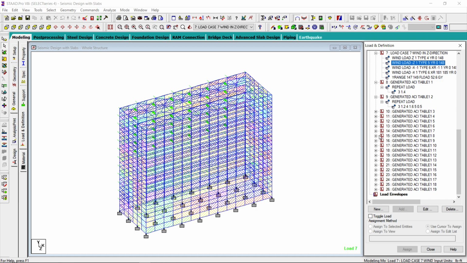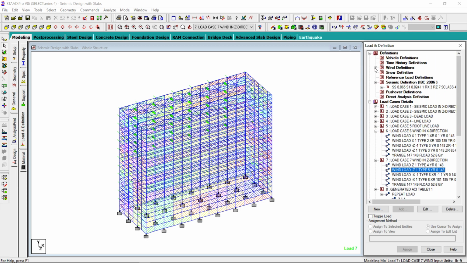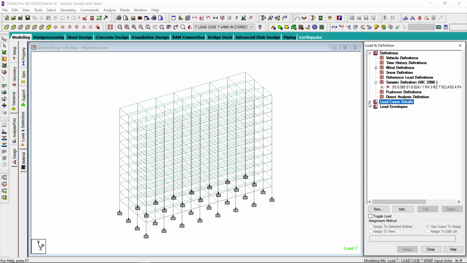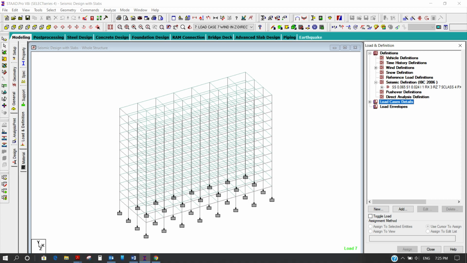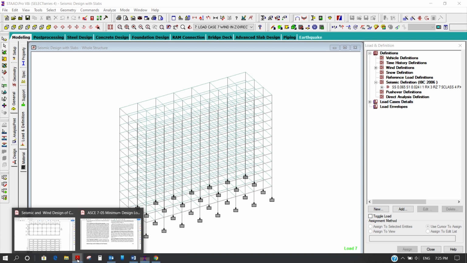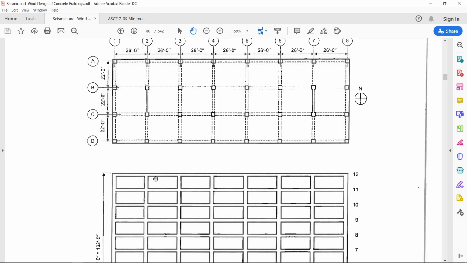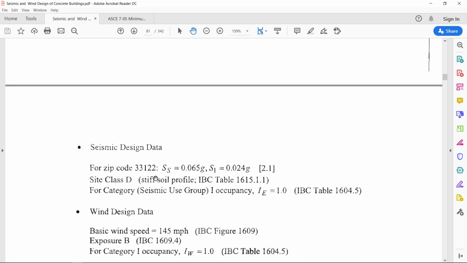And the second important thing was that the seismic load generated should be in line with the seismic load conditions provided by the book. During this calculation, I mentioned one more thing, that this building is designed as seismic category A.